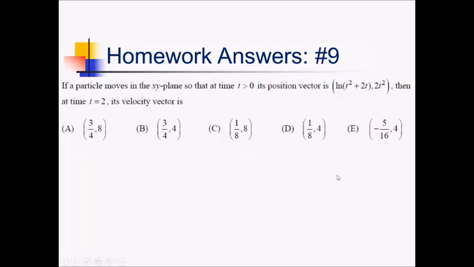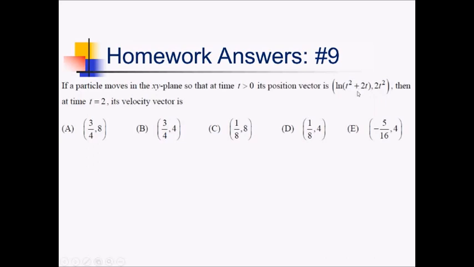On this problem, we are given a position vector for some particle, and we want the velocity vector, but at exactly t equals 2. So we need to take the derivative of our position vector, the x and the y here, and then plug 2 into that. So taking the derivative of the x piece here, the ln of t squared plus 2t, this is ln of something, so we're going to use a chain rule.